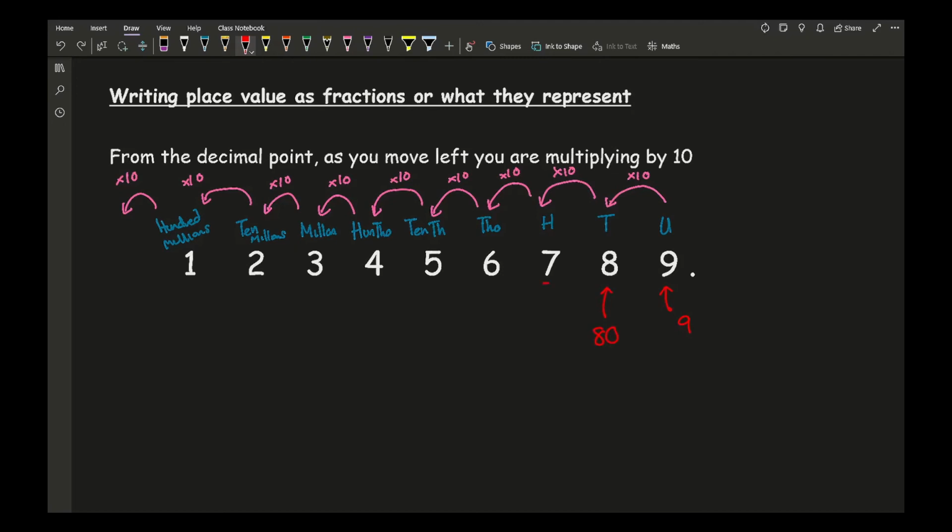This 7 represents hundreds, so that's going to be representing 700. This represents 6,000. This represents 50,000. This represents 400,000. This 3 represents 3 million.